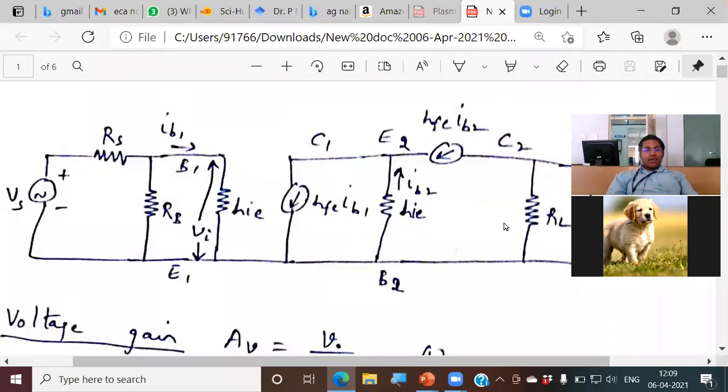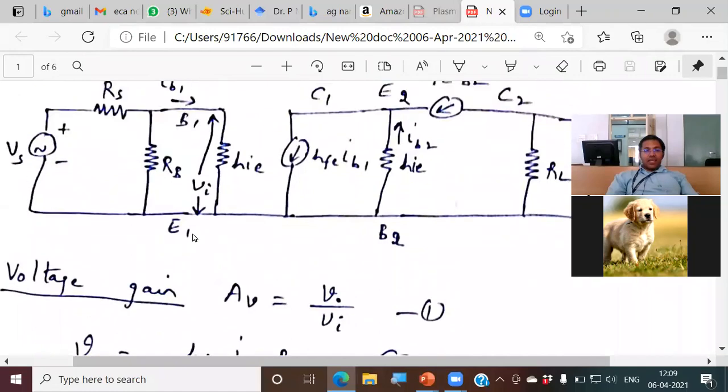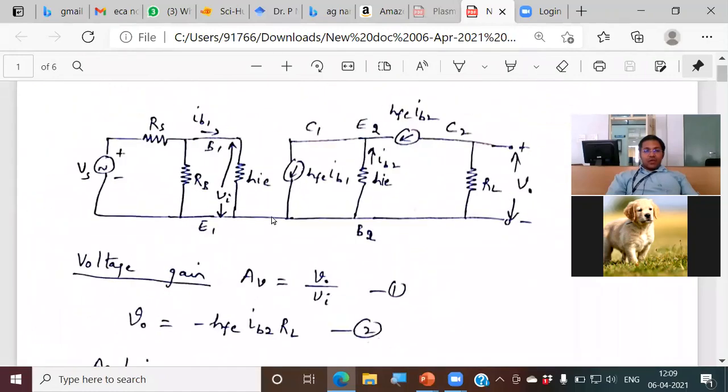Now, how to get voltage gain? Voltage gain is V0 by Vi, we know very well. So I should get the expression for V0. What will V0 be? V0 will be the current in downward direction multiplied by RL. Current in upward direction is HFE IB2. What will be the current in downward direction? Anybody answer?